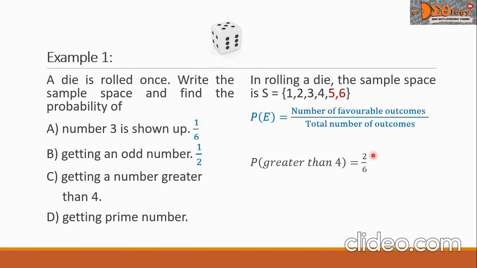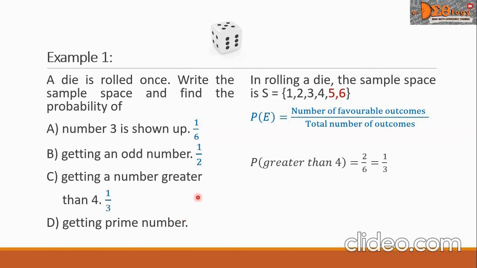So we write 2 over 6. And then to simplify, this is equal now to 1 over 3. And this answer we will write opposite letter C. There we go.